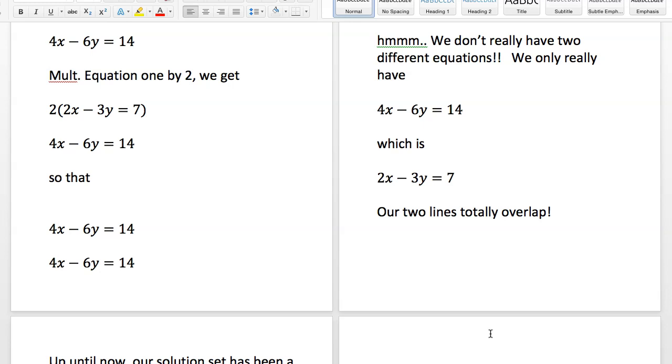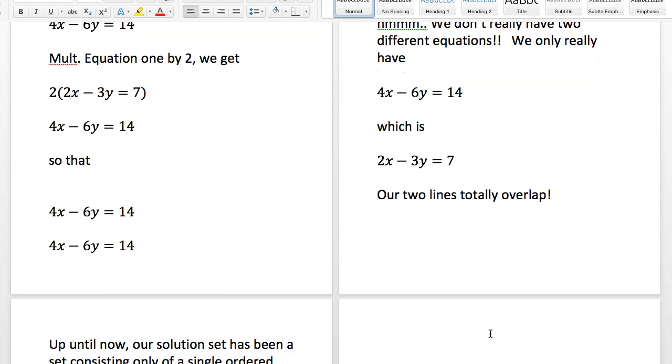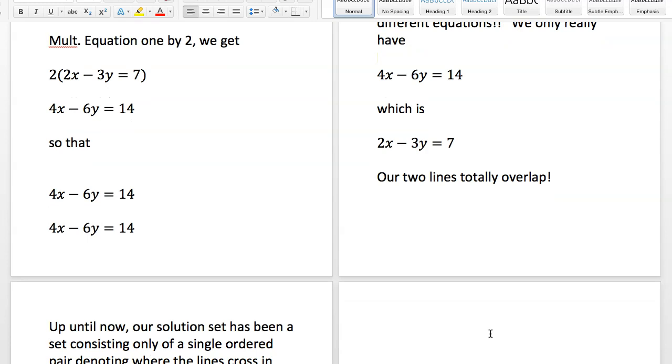A set consisting only of a single ordered pair of numbers, denoting where the lines cross in the classic 2D grid, right?